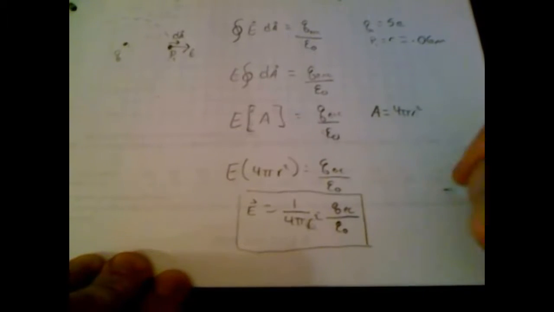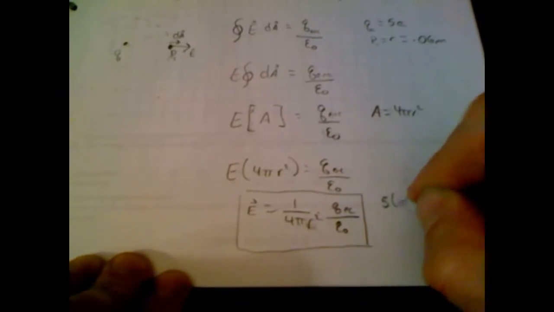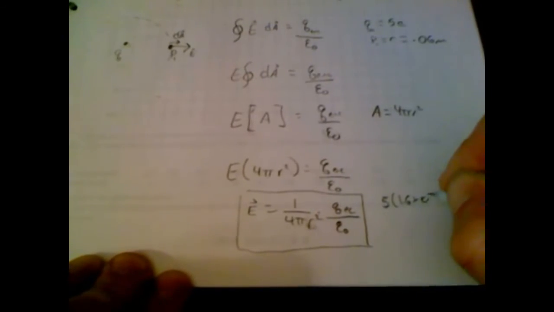I plug in my equation. I would have 5 times 1.6 times 10 to the negative 19th divided by 4 pi times a radius of 0.06 squared times epsilon naught, and epsilon naught is 8.85 times 10 to the negative 12th. Just give me 1 second on the calculator.